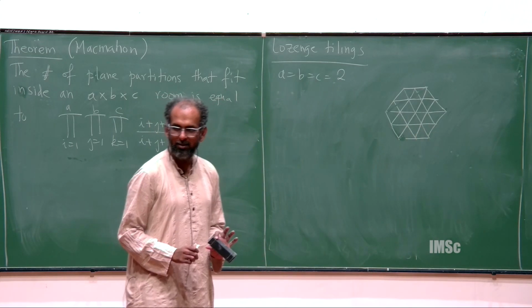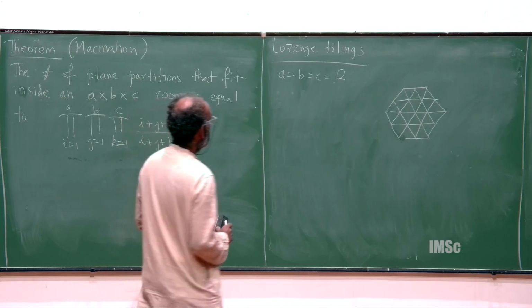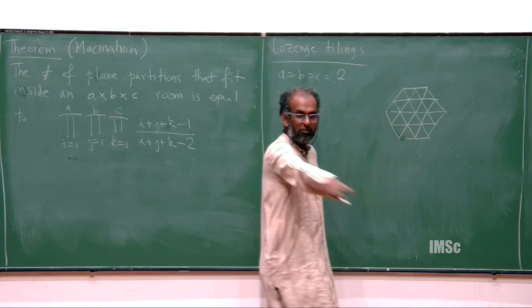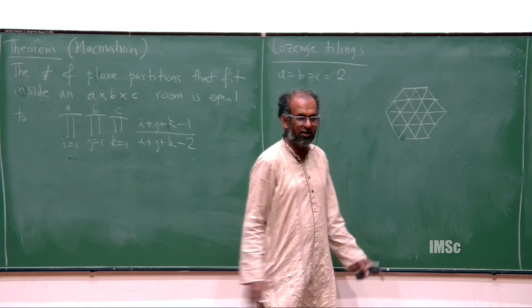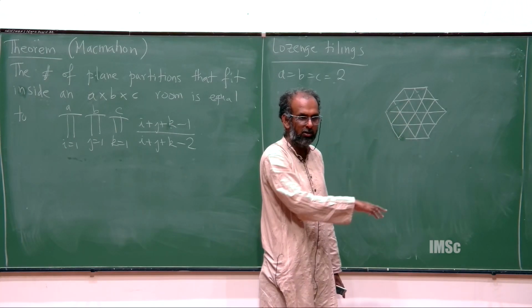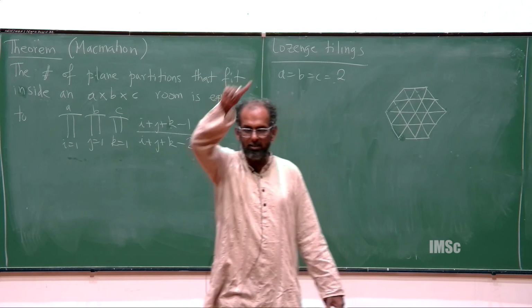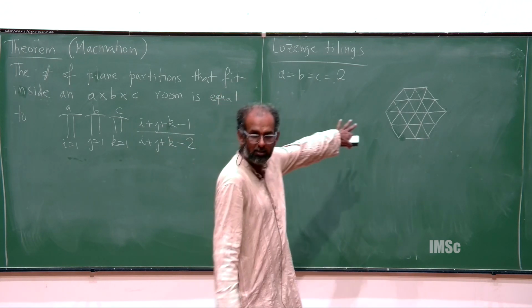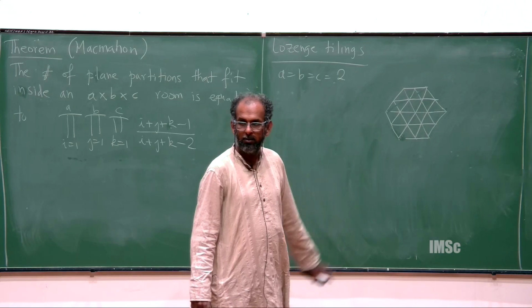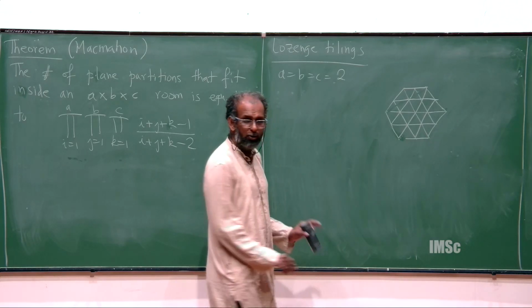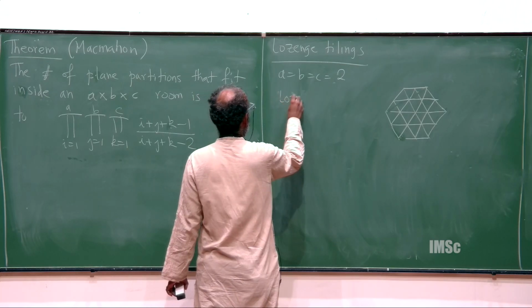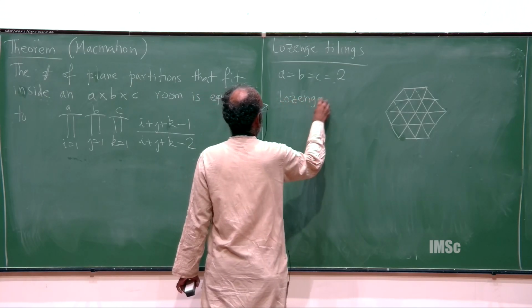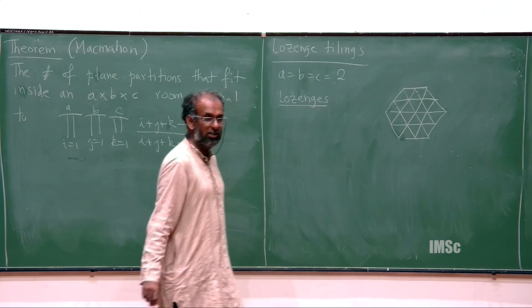Not great, but okay. So you see this inside your sheet, right? You can make a 2 by 2 by 2 hexagon. So I want you to use your pens and mark off a 2 by 2 by 2 hexagon, which is a copy of this. Okay? So what we are going to do is tile it. We have 3 kinds of objects called lozenges.